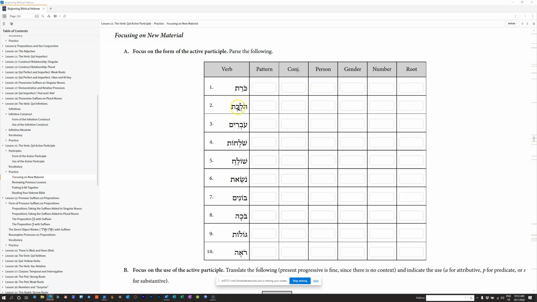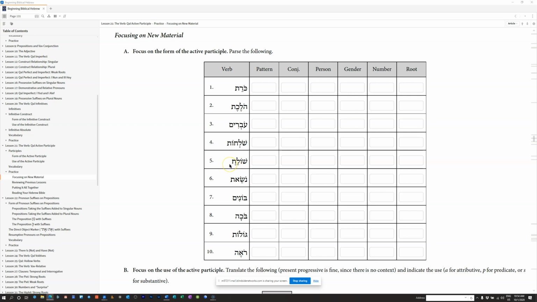All right, so we've got feminine singular here. Number 3, we've got clearly masculine plural, but we still see our holem. So overim. Number 4, we've got, again, our holem vowel with the holem-vav-tav ending. So sholchot. Number 5, we've got sholeach. This patach here is only here because of the chet.